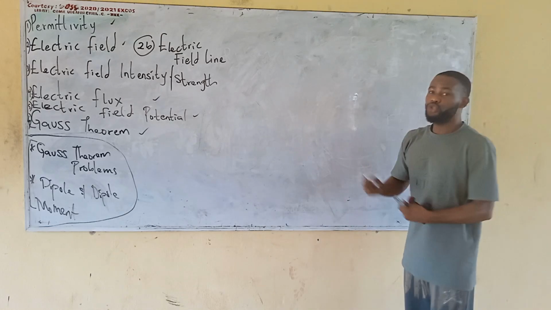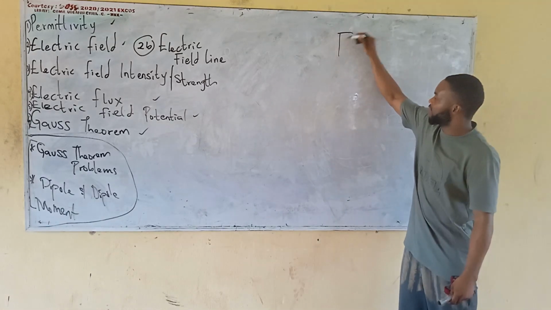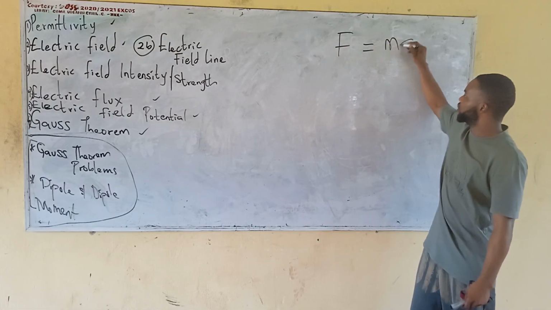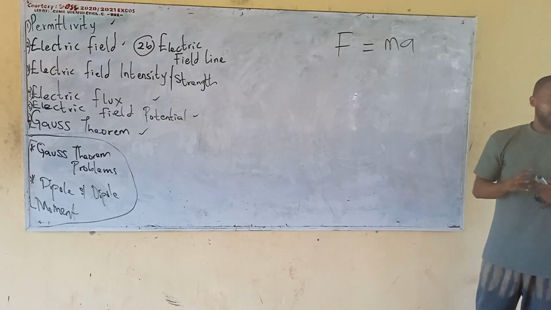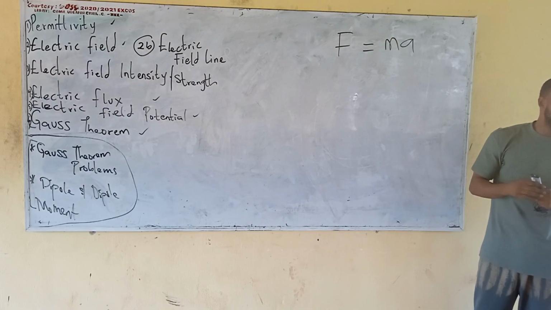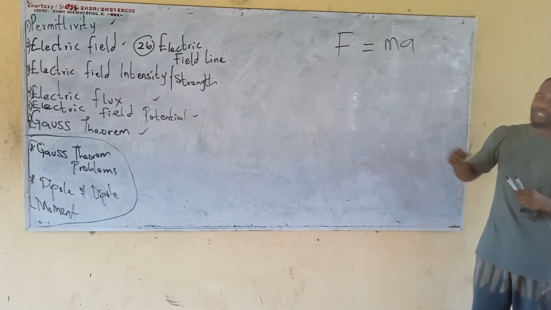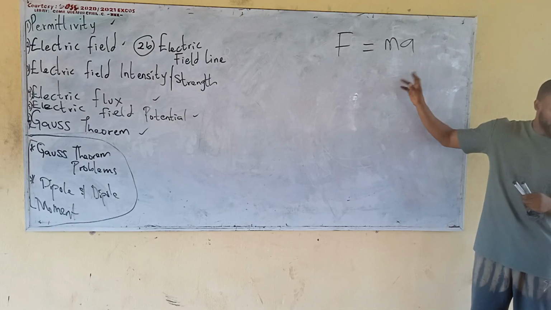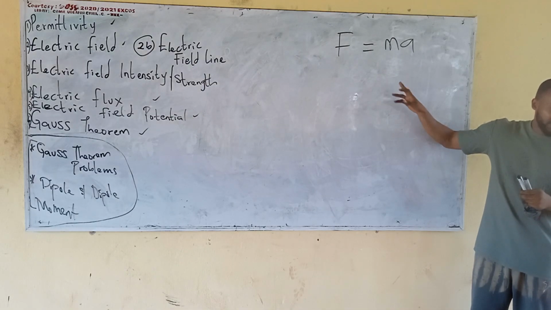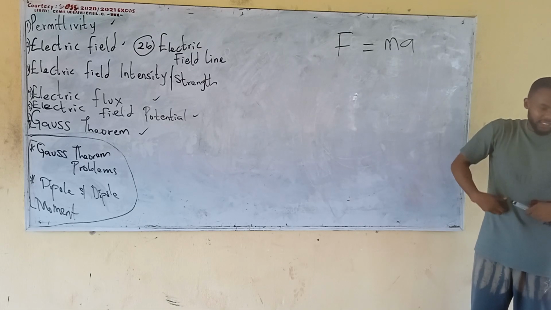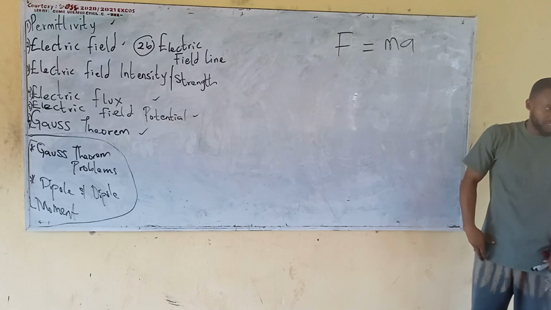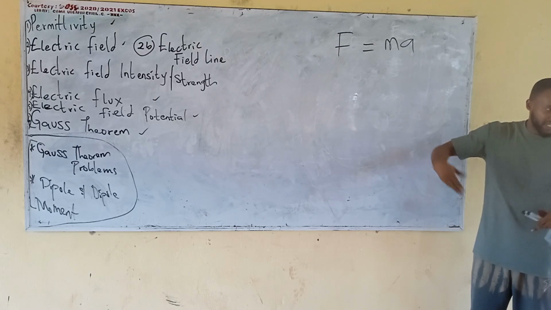Normally, first semester we said that force is equal to MA. I once told you that charge is simply the same thing as mass. Just that when it has to do with gravitation, you are looking at mass. If it's a gravitational field, it is mass. If it's an electric field, it is now charge.